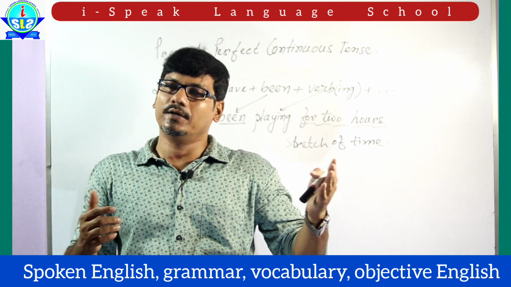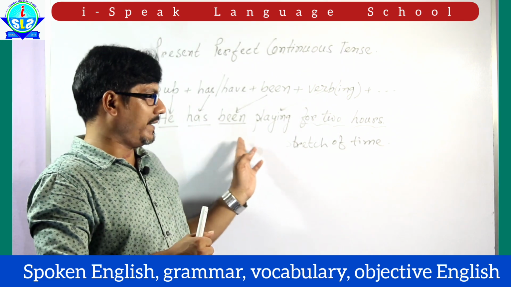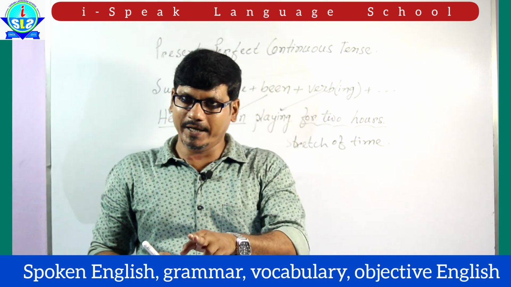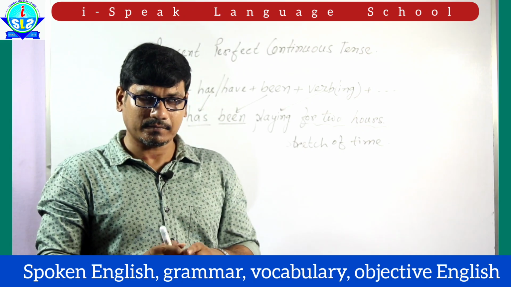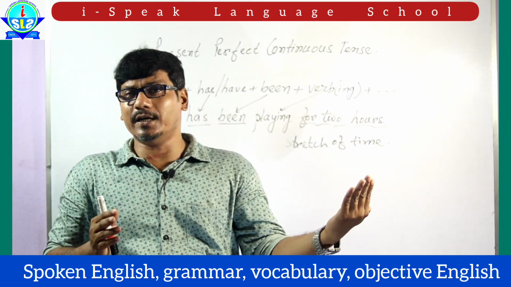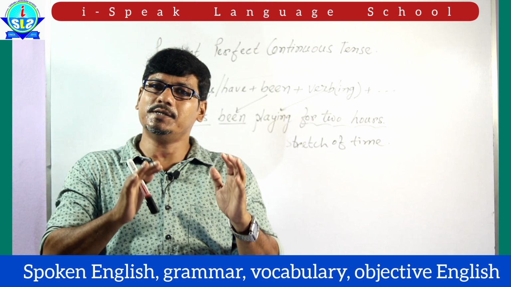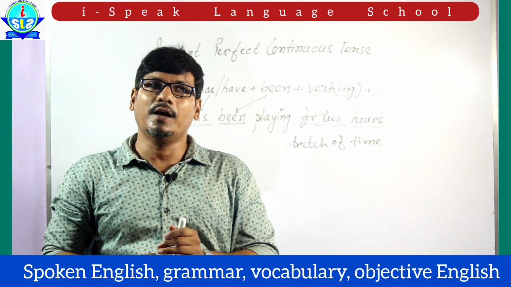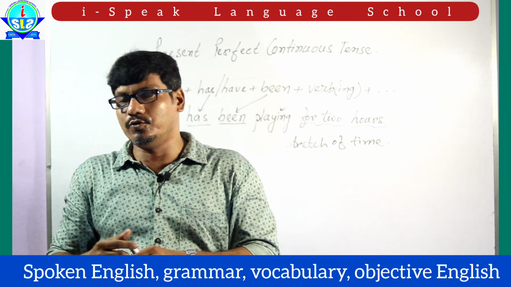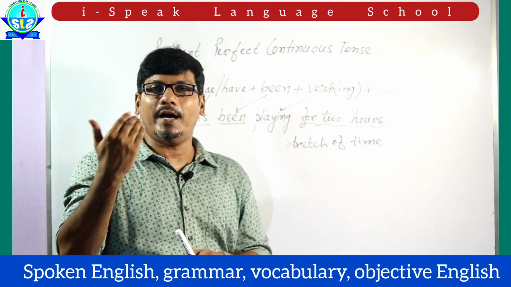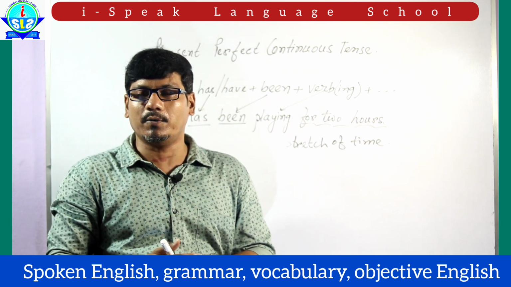Understand? That is the present perfect continuous tense. Any work which started earlier and is still going on is present perfect continuous tense. I have been reading for 2 hours. They have been playing for 2 hours.